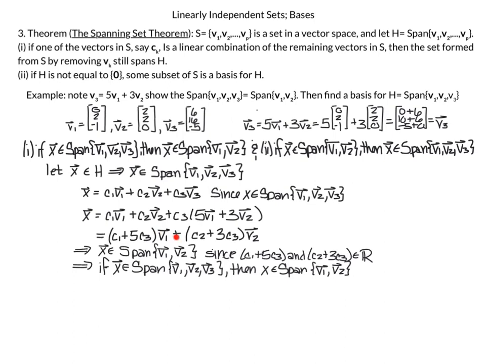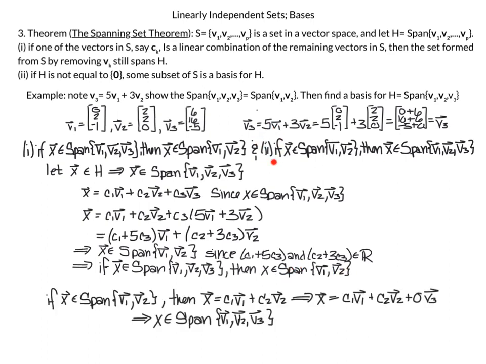So X now can be written as a linear combination of v1, v2. So X is in the span of v1, v2, since this c1 plus 5c3 and the c2 plus 3c3 are scalars. What I have shown then is if X is in the span of v1, v2, v3, then X is in the span of v1, v2.